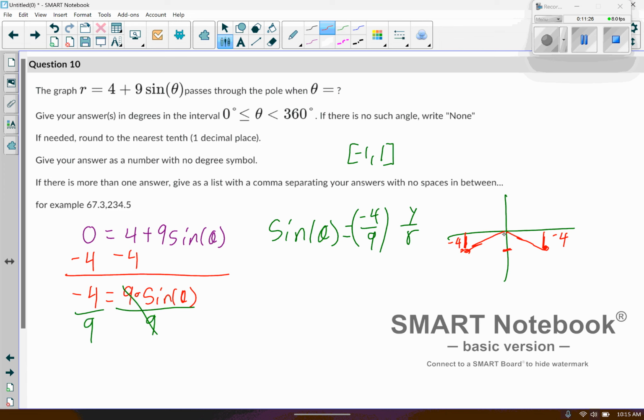So those 2 points that I put on there, and then I have a radius of 9. So I should have an angle over here and an angle down here. And so when I put this in the calculator, it's actually going to give me this angle right here. That's the angle it's going to give me. So I need to take the sine inverse of -4 over 9, and that should give me my angle.